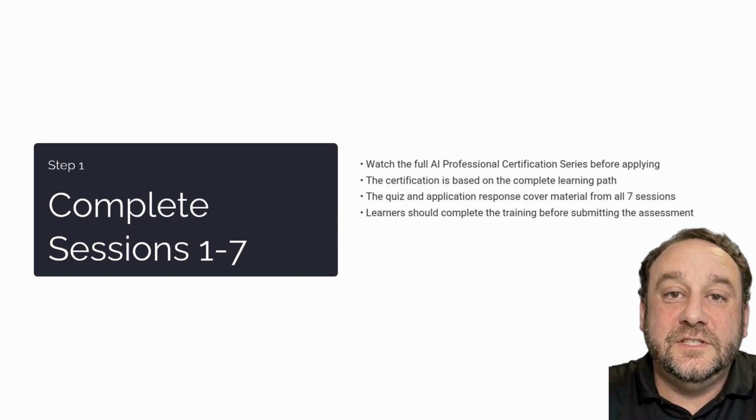If you skip sections, you may struggle with the assessment or miss important context. The goal here is not to create friction. It is to make sure the certification reflects the full training experience. Each module builds on the previous ones, so completing the full sequence matters. If you've already finished sessions 1 through 7, then you're ready to move to the next step in the certification process.